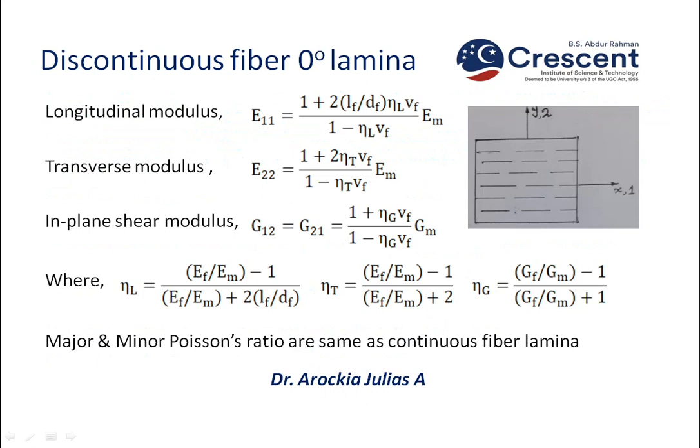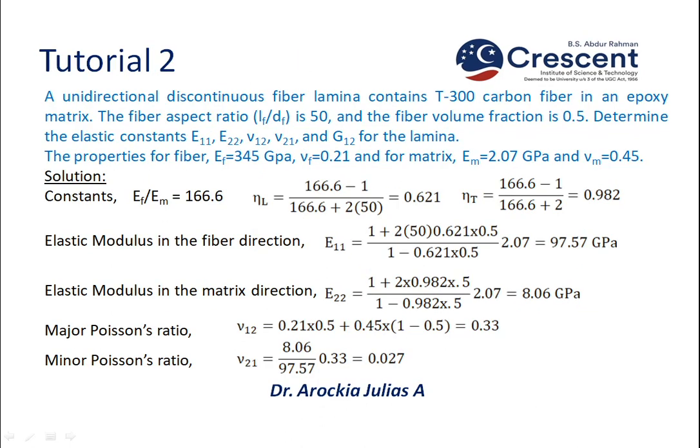All the formulas are there. Now we are going to use these formulas. Mostly here it is direct substitution. So first let us find the constant EF by EM, Young's modulus of fiber by Young's modulus of matrix. So that is 345 divided by 2.07. So we get 166.6. So that is the modulus ratio.